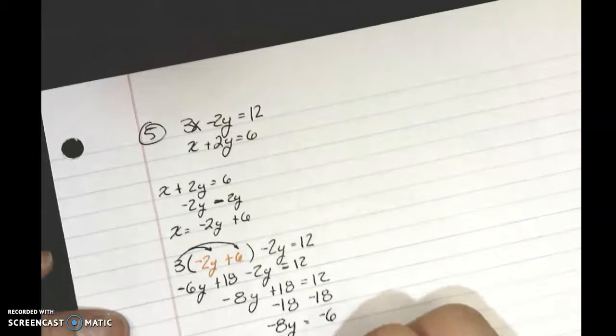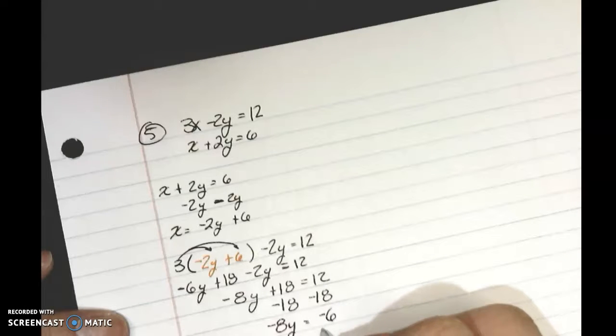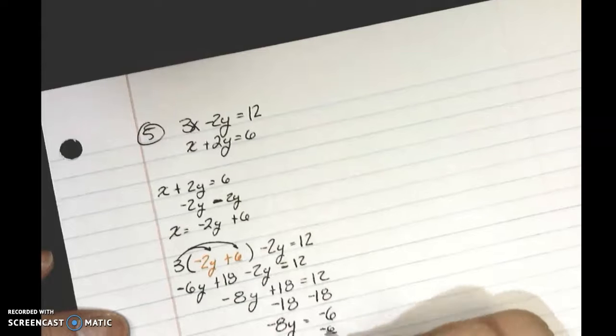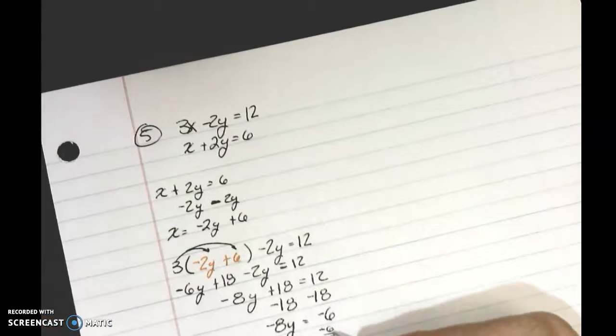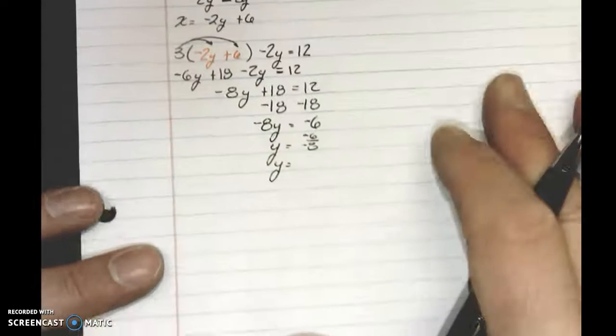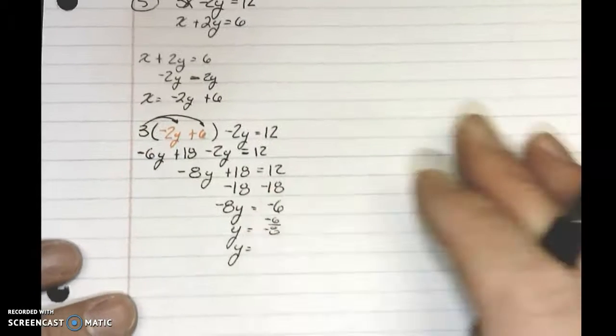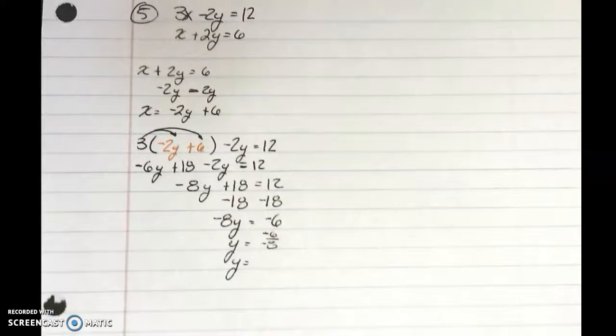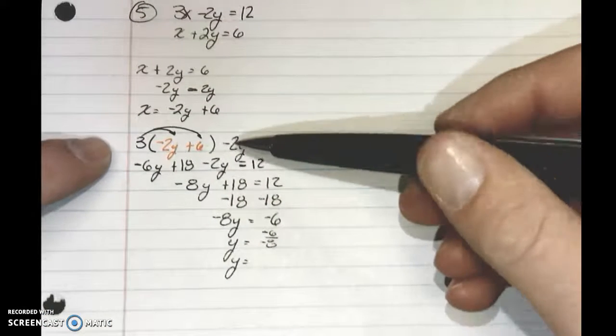And then y is equal to negative 6 over negative 8. And then the negatives cancel out, and then also the fraction, I apologize. Let me pause right there. Not quite sure when I went off the video.